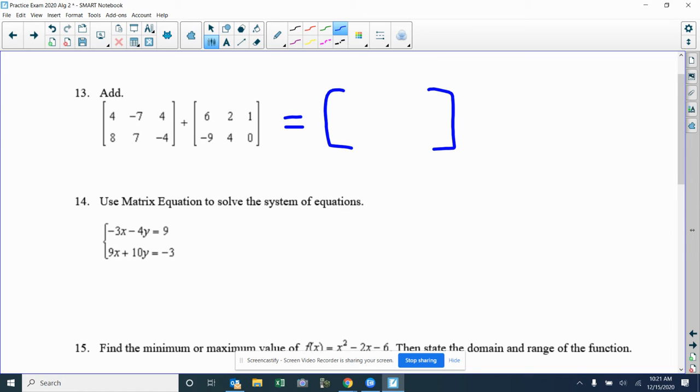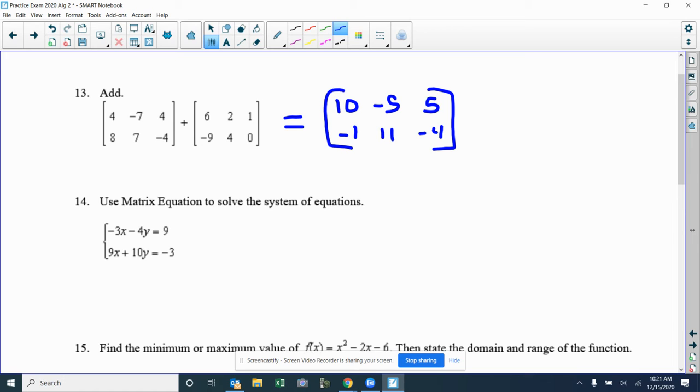So 4 and 6, put them in the same address, 10. -7 and 2 gives me -5. 4 and 1 gives me 5. 8 and -9 gives me -1. 7 and 4 gives me 11. -4 and 0 gives me -4. That one is pretty straight up and easy. Remember, these are still multiple choice down through 19.